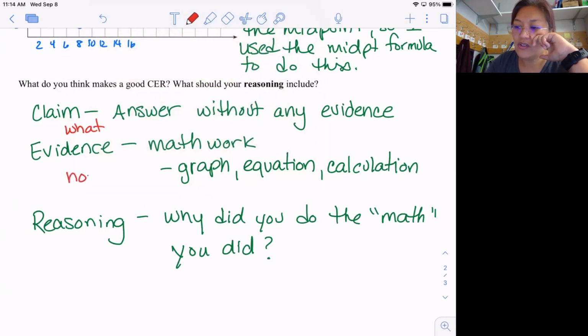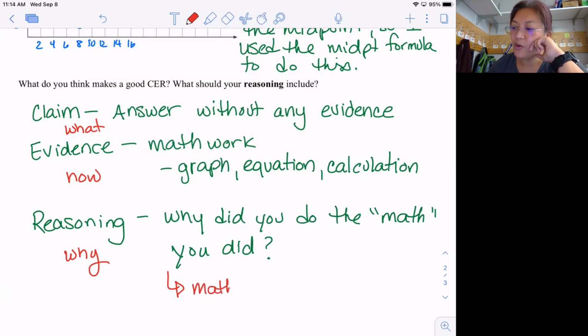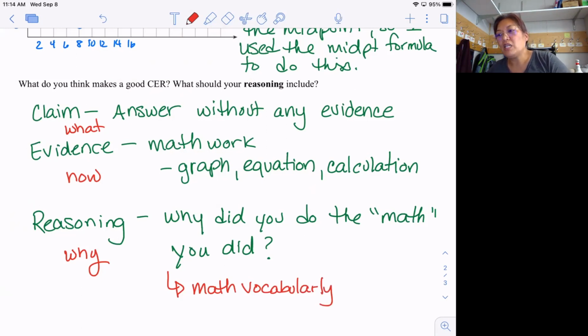Evidence answers the question how, and reasoning answers the question why. Okay. What should reasoning include? We should definitely have math vocabulary. If you want to earn the 5 out of 5, then translating the real world problem into math vocabulary or answering using math vocabulary is going to be a crucial part of that.